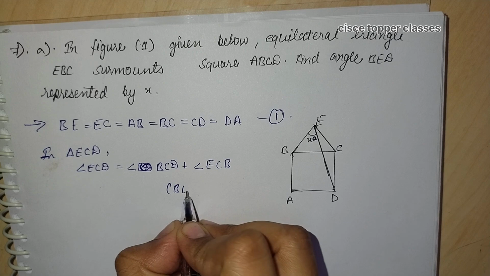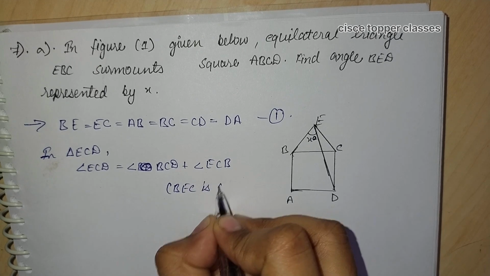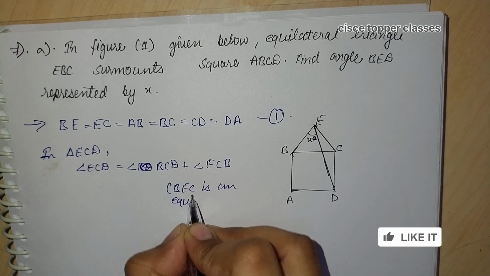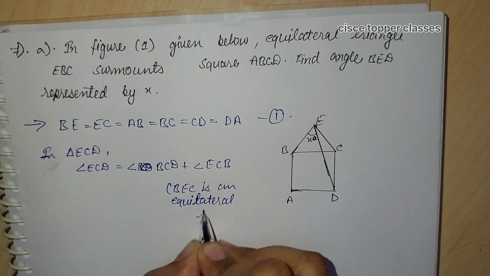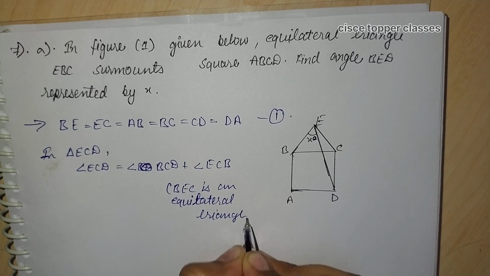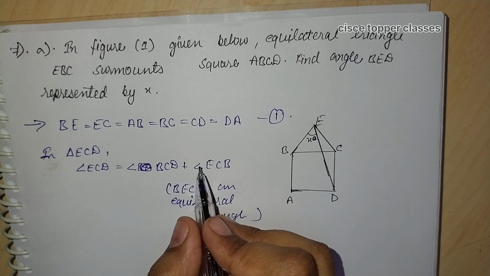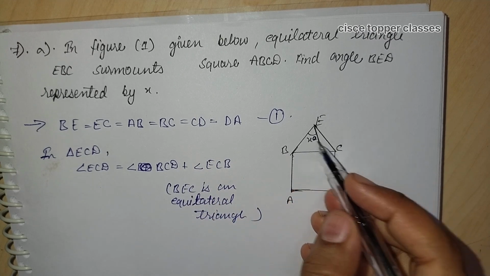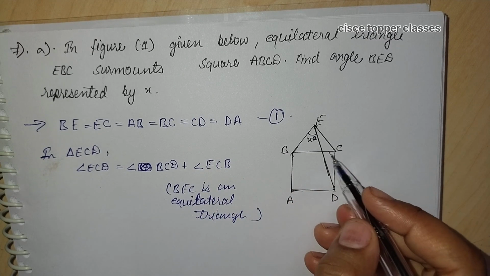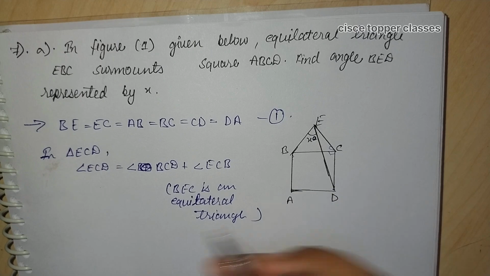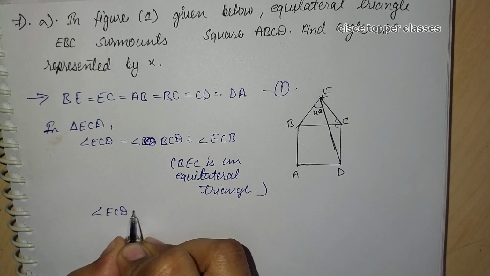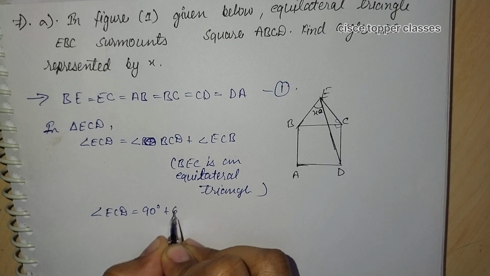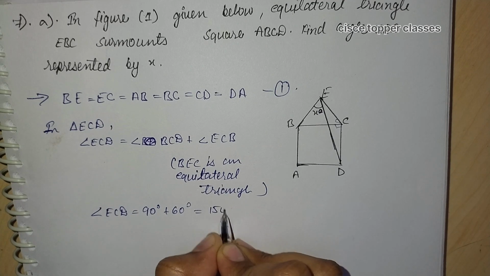As BEC is an equilateral triangle here, angle BCD will be 90 degrees because this is the side of a square, and angle ECB is 60 degrees because this is an equilateral triangle. So simply we can write angle ECD is equal to 90 degrees plus 60 degrees, equal to 150 degrees.